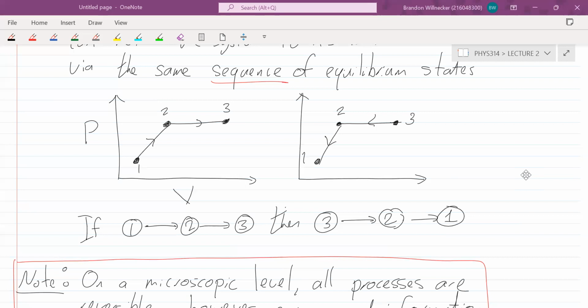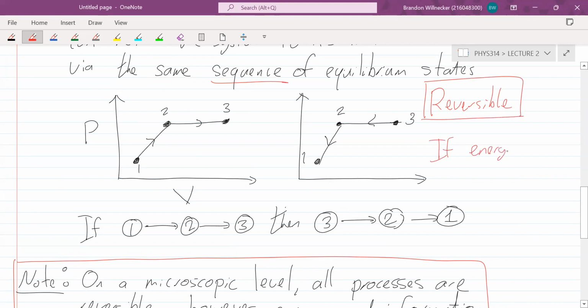Okay, so this is reversible. And then a little note, if energy is lost, then the process is irreversible.